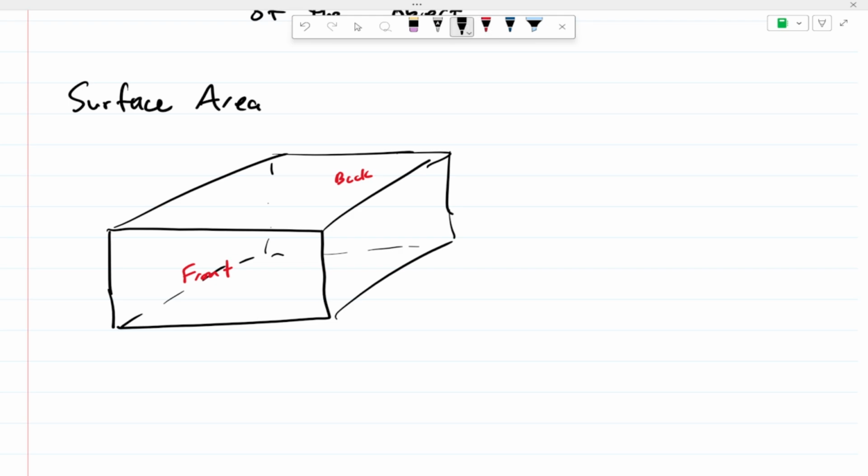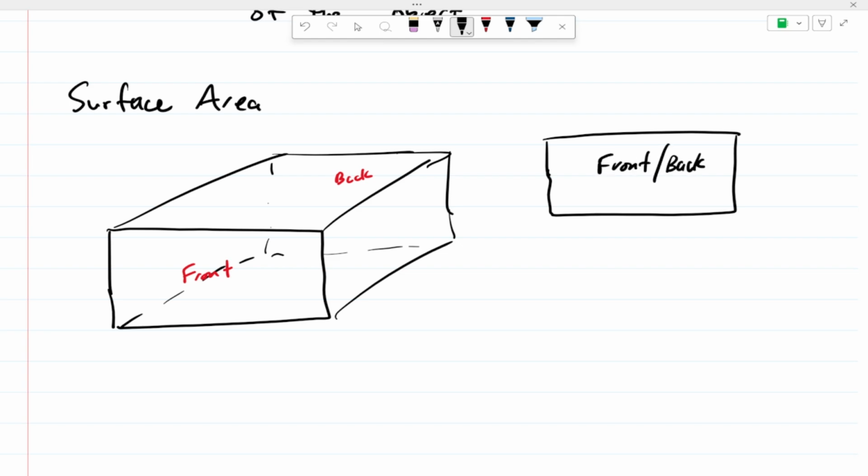So over here to the right-hand side I can label this as front and back. I know the area of this would just be length times width. Because I have front and back, I have two of these. So the area would be 2 times L times W. That would be front and back.